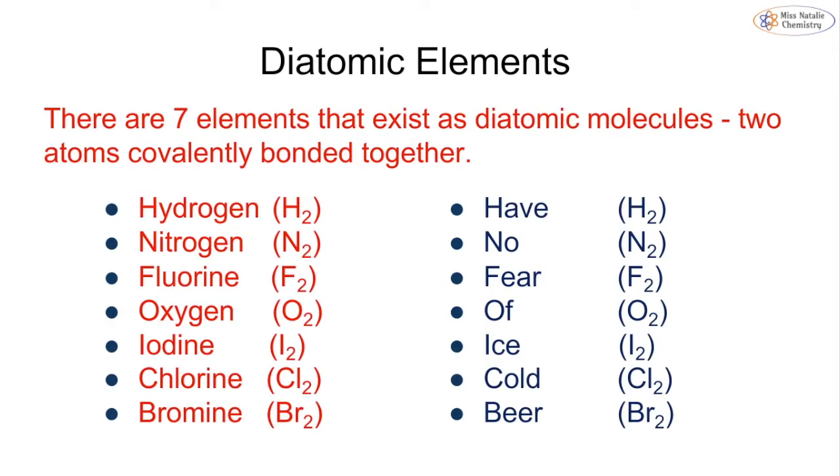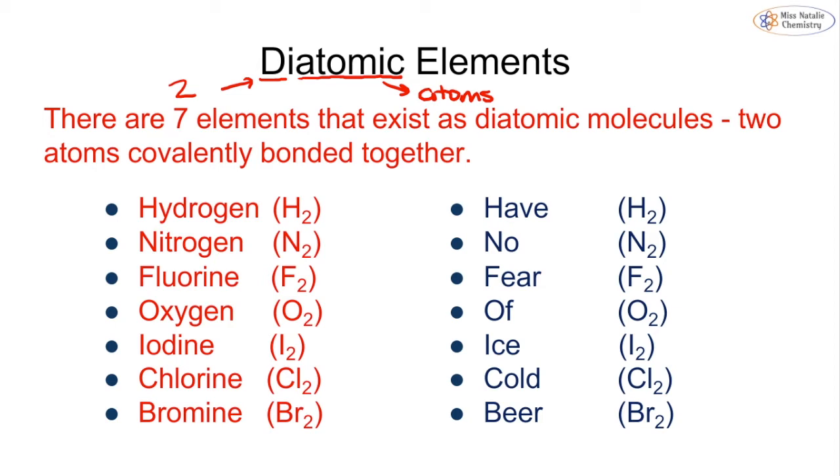Now, when it comes to covalently bonded substances, there are 7 key substances that you have to know, and these are known as the diatomic elements. Now, diatomic can be split down into 2 parts. The di means 2, and atomic means atoms. So it simply means that these exist as a molecule of 2 atoms that are covalently bonded together.